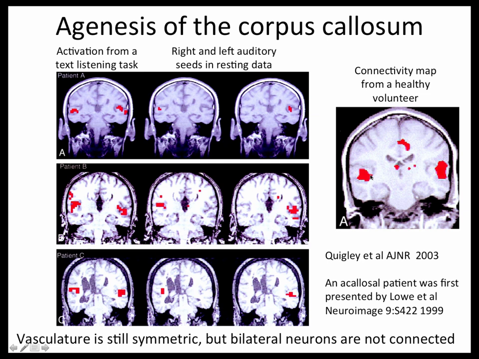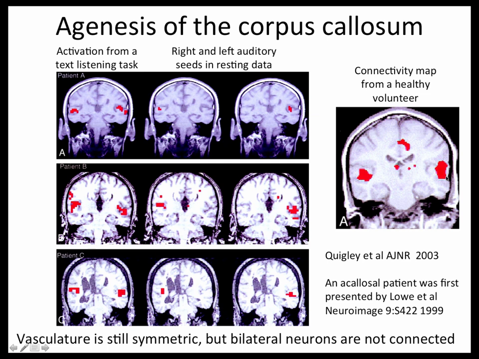So if you put a seed voxel here and you want to see what's correlated and you see over there, you could say your two auditory cortices are firing or communicating with each other, or you're saying no, that's the exact same part of the vascular tree on both sides of the brain, and they're just doing the same thing. So the question is, how can you distinguish those two competing ideas?